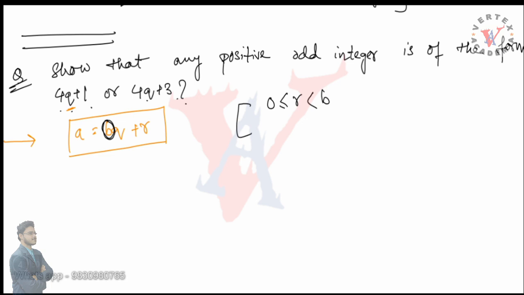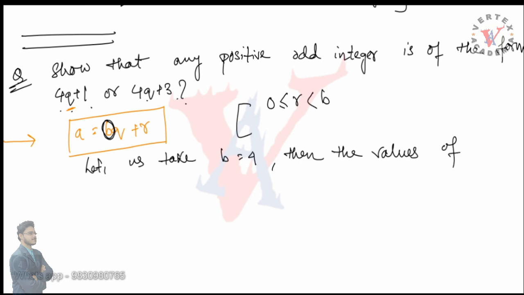And now, since b here is given as 4, let us take b equals 4. Then the values of r can be 0, 1, 2 and 3. These are the 4 possible values of r if b is 4.